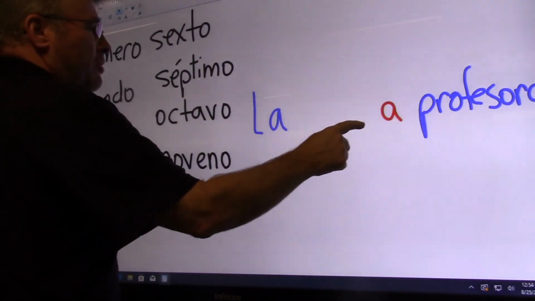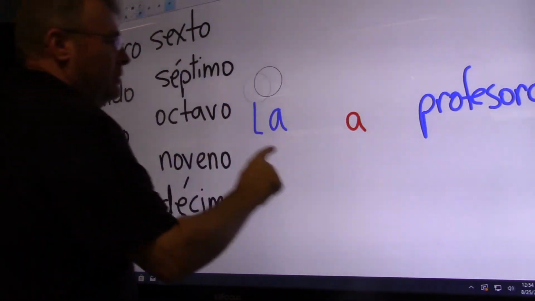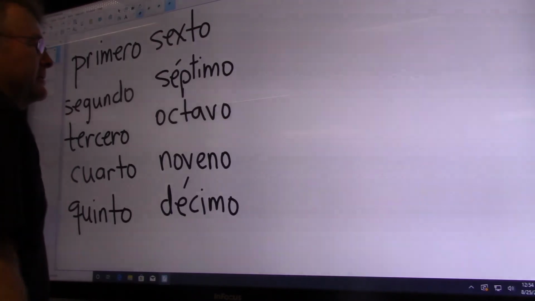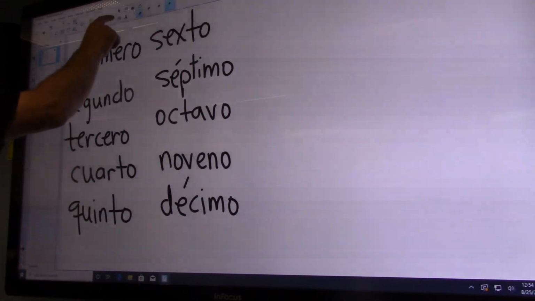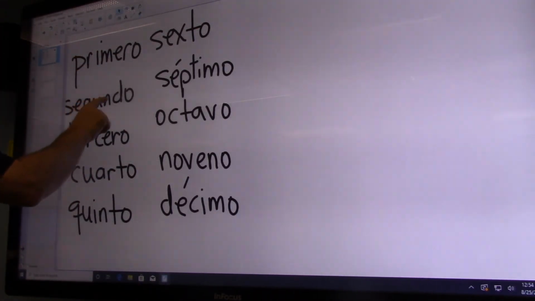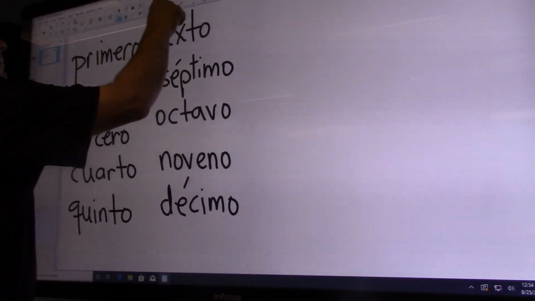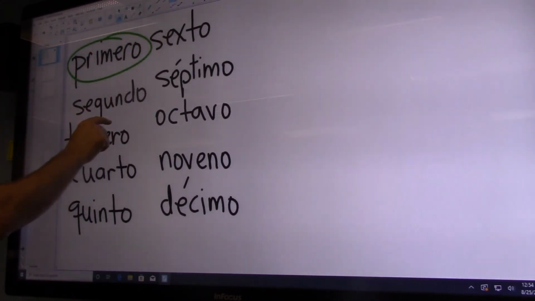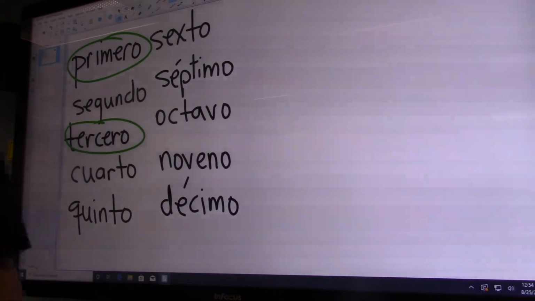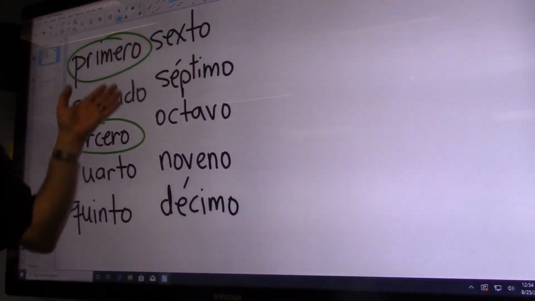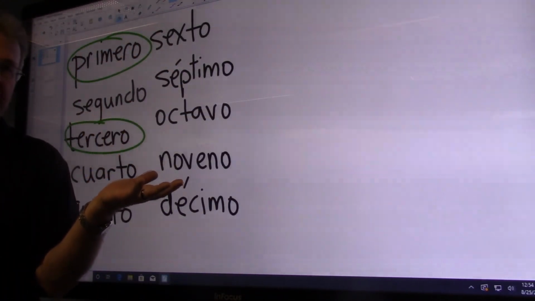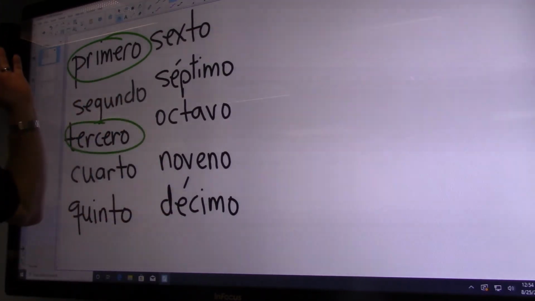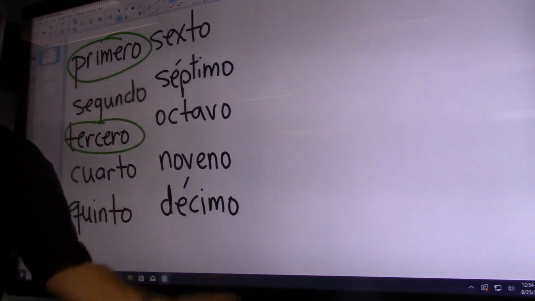All right, now one more thing that I need to mention about ordinal numbers, and then we'll be done. For some reason, there's something special about first and third. I don't know why this is. I don't know why first and third think they're so special as to deserve special treatment. I don't know why it's just first and third and not anything else.